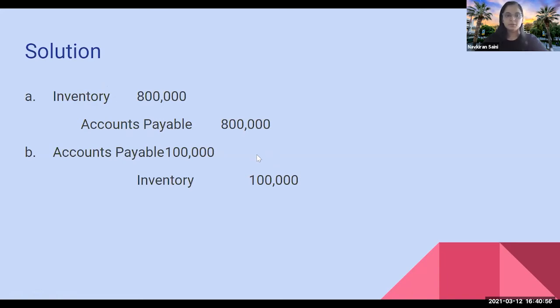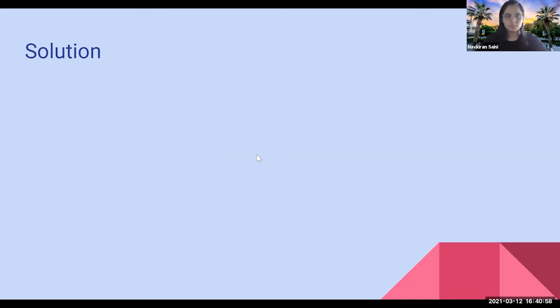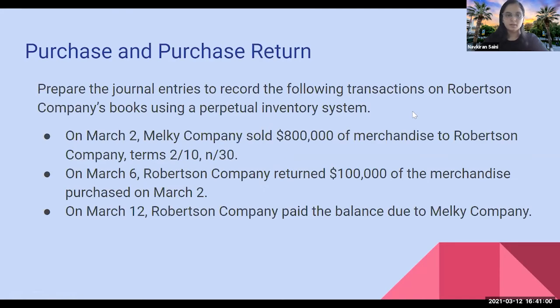And the next part was, let me go back to the question real quick so that you guys can see it. On March 12, Robertson Company paid the balance due to the Milky Company. So we bought 800,000 of goods, but we returned 100,000. So we were left with only 700,000 worth of goods, a 700,000 accounts payable balance. But they also mentioned something about credit terms, which is 2/10 net 30.